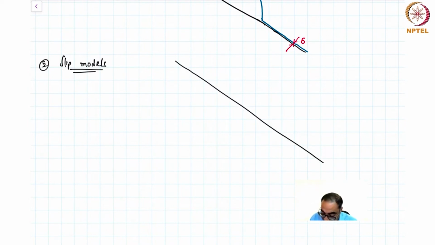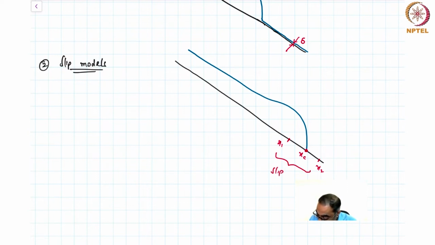You have a plate, and on this plate you have a contact line. The argument of the slip models is that there is a certain region, let's say this is x1 and this is x2, and this is my contact line position. This region is called a slip region.